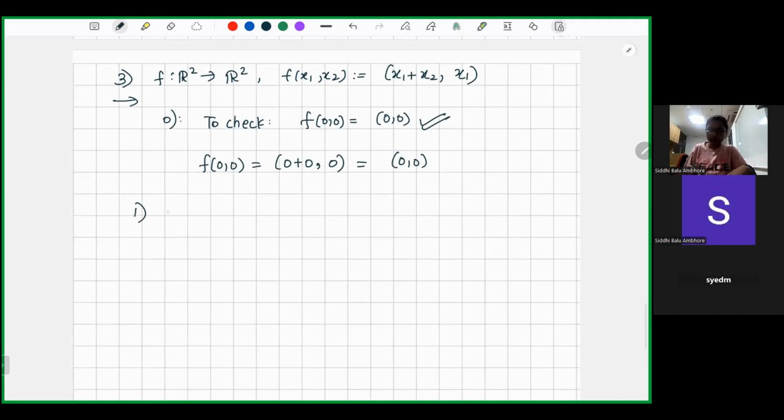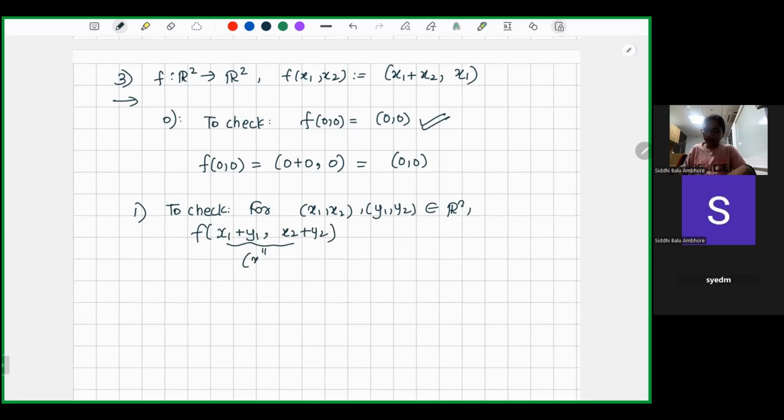So now the first condition: we have to check for x1 comma x2 and y1 comma y2 in R2 that f of x1 plus y1 comma x2 plus y2 is just the addition of these two.